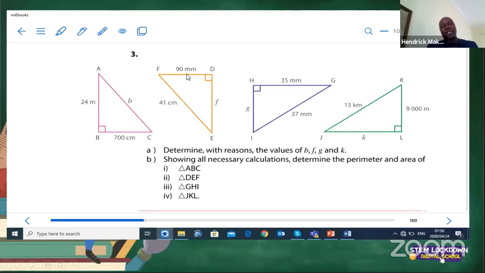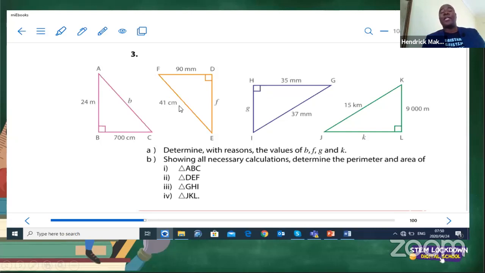So we need to convert one of these. And I always say that in mathematics, the best way to solve any mathematical problem is to ensure that you work with smaller numbers. That is why it will be easier for you to convert the 90 millimeters to centimeters, because then it will give us a smaller number there, unlike converting the 41 to millimeters.